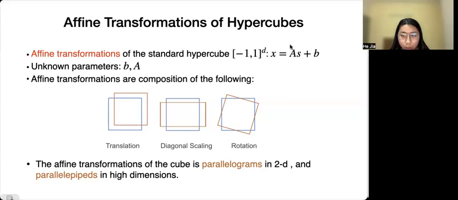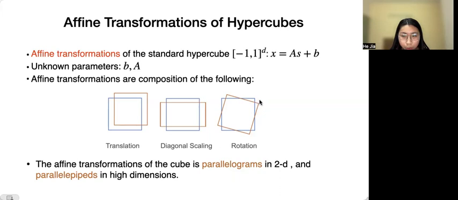Diagonal scaling looks like a diagonal matrix for A. Translation corresponds to this small b, the translation vector. And the last one, rotation. In the rotation case, we don't have b, small b is 0, and A is a rotation matrix, so A is orthogonal. Any affine transformation can be a composition of these three types of affine transformations.